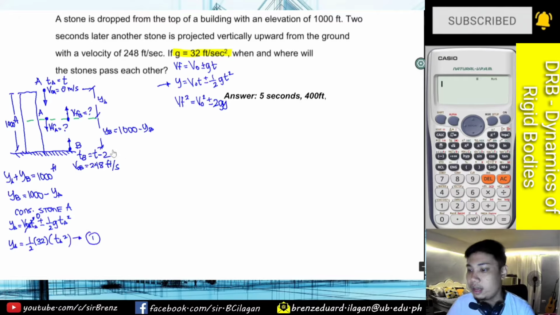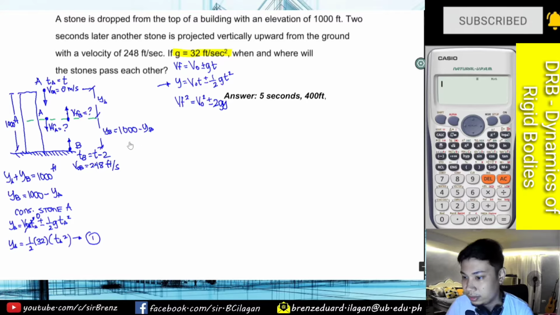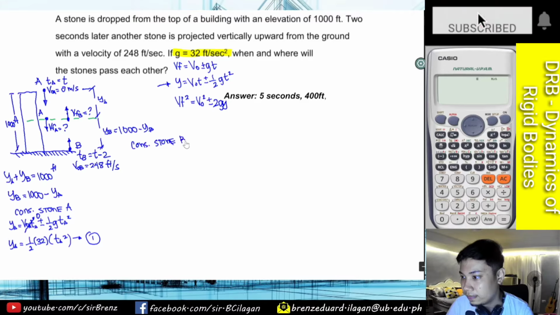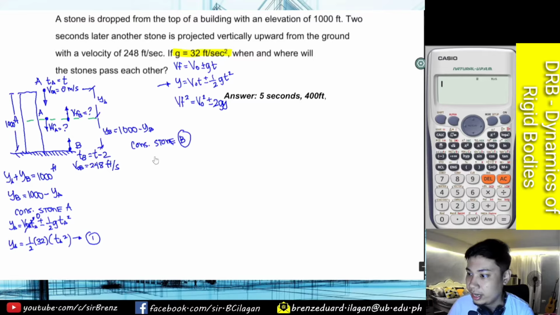Okay, so I will call this our equation number 1. Equation number 2 will come from stone B. So this time, considering stone B, I believe we will use the same equation. Right? Since the final velocity is unknown, we use what is available.